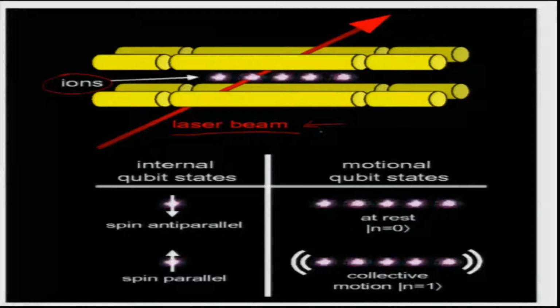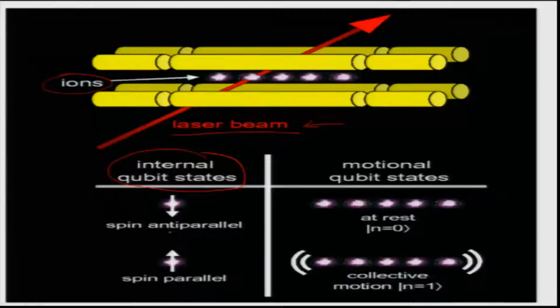If you remember, in the case of NMR, we discussed that we use radio frequency pulses. Here you generally use a laser beam, because the laser beam is going to interact and do something, which will be considered as our operations on these individual ions. So, the internal qubit states are roughly the spins.